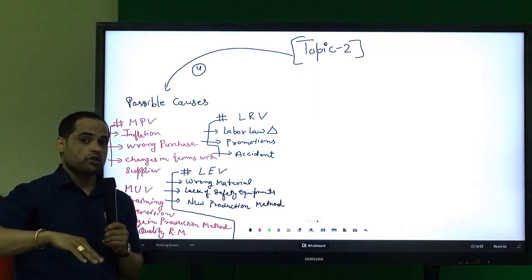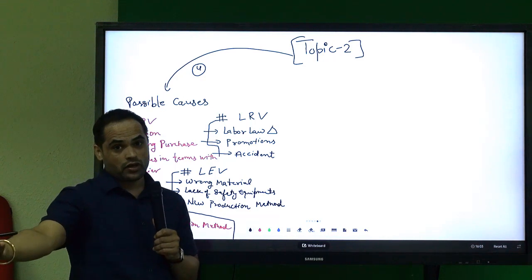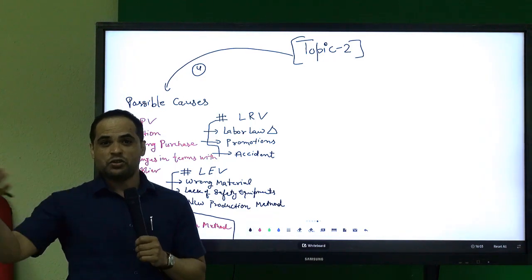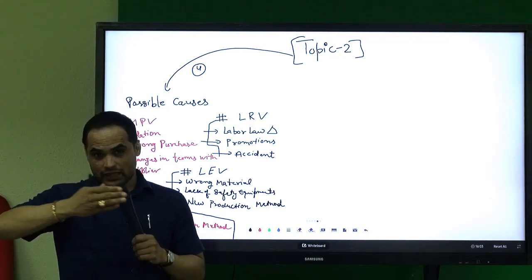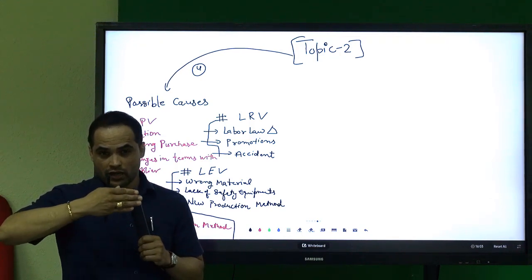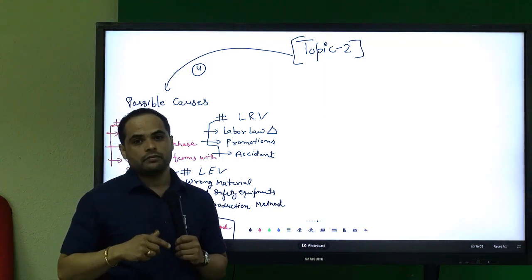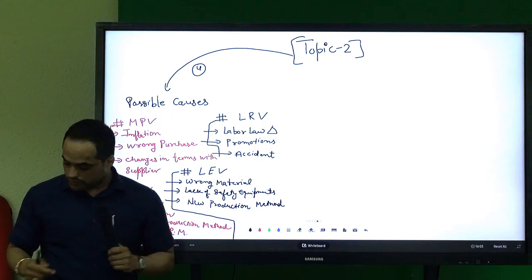Maybe the new method will increase the performance of the workers, or maybe it takes time for workers to adjust to the new method. So during that time in which they are learning and adopting, their performance will be unfavorable.